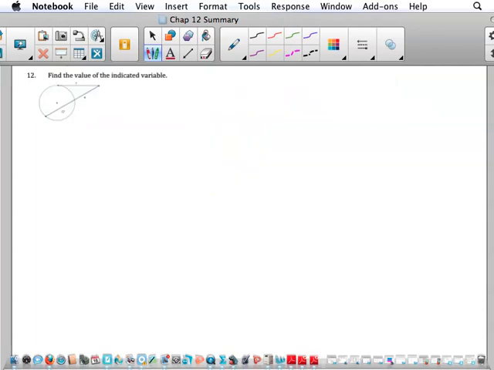Okay, number 12, now I have a secant and a tangent. So when I look at this, my tangent line is x. Remember, the formula is the tangent squared, so x squared is equal to the length of the secant, which is 12 plus 6, times that part that is outside the circle. So I have x squared is equal to 18 times 6.